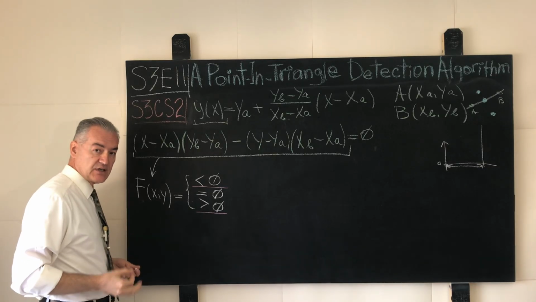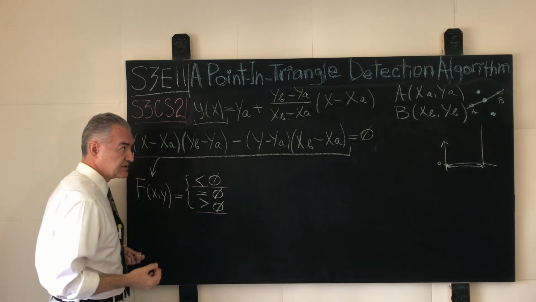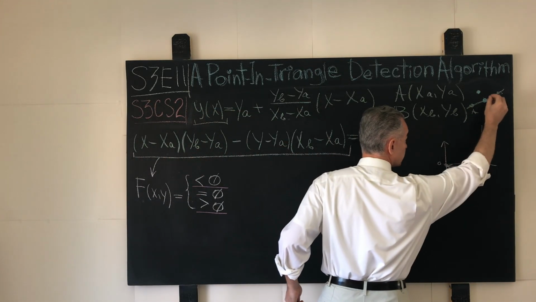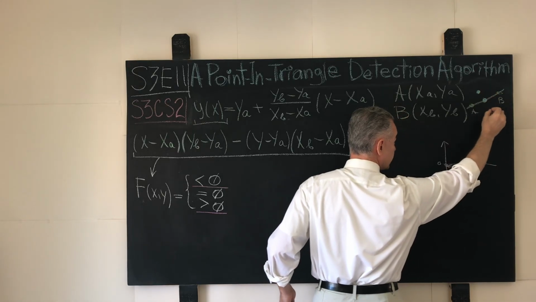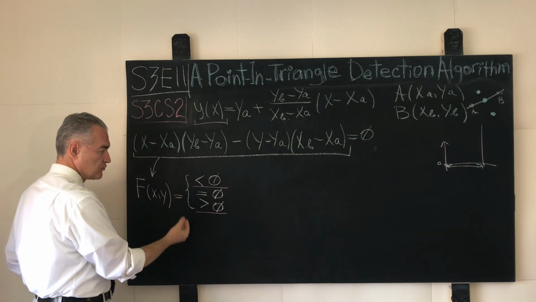And in the study of analytic geometry, there is a corresponding theorem which basically says that the straight line thus constructed partitions the plane into two half planes that have precisely the property shown over here.